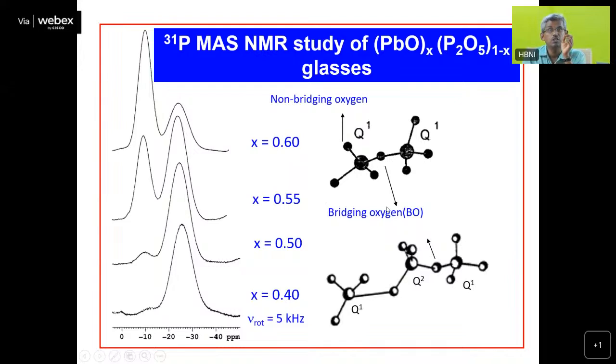That means this type of structural unit is predominating. If only Q2 structural units are present, then we don't have end members, because an end member means we can only have Q1. Whereas in this one, a slight Q1 structural unit is coming. Here it is significantly high. So here mostly circles, and here a small amount of Q1 structural units are there.